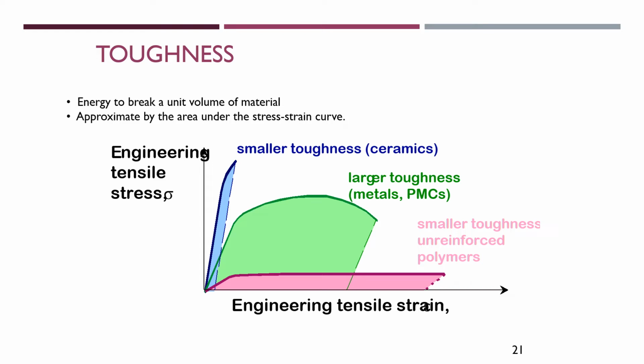Look at this graph. Ceramic has smaller toughness because it has a small area below the stress-strain curve. Metal has larger toughness because it has a higher area. And polymer also has smaller toughness because it has a smaller area under the stress-strain curve.